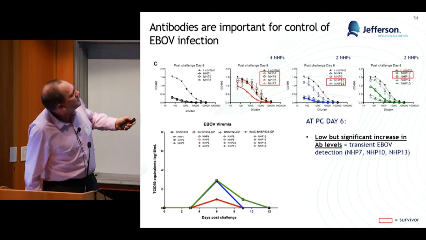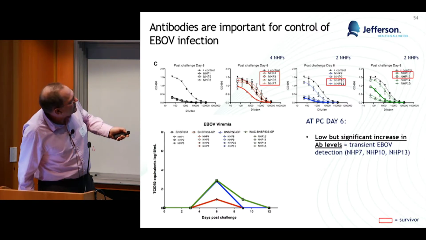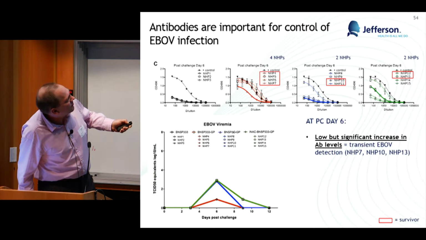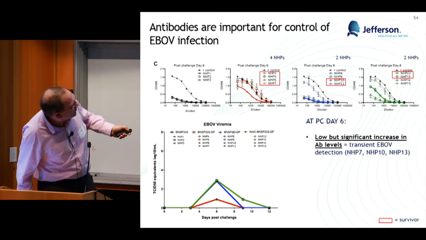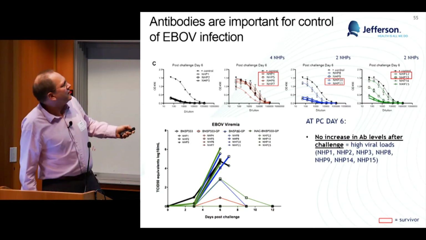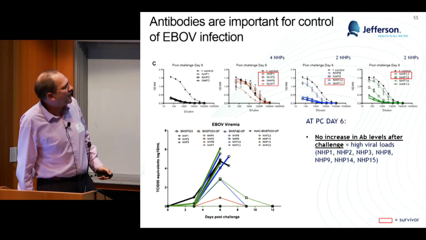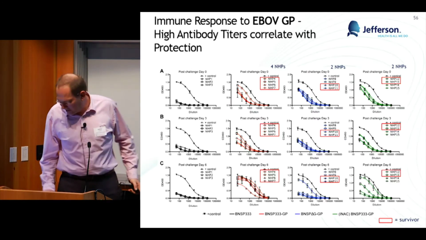If you look here, this one has a little bit lower antibody. And if you don't see good antibodies, that's what happens, and you get a lot of viral load, and those were animals which had to be sacrificed.